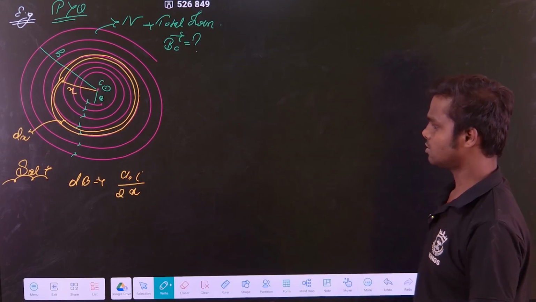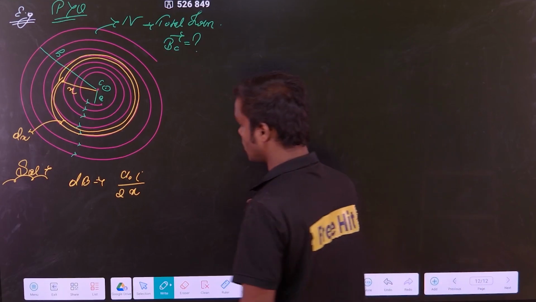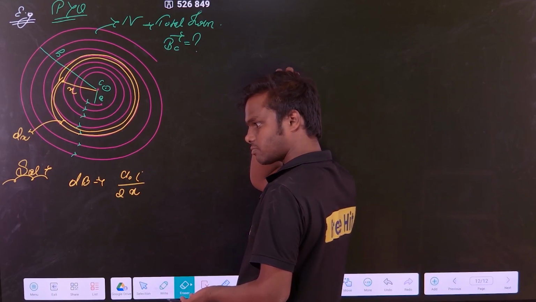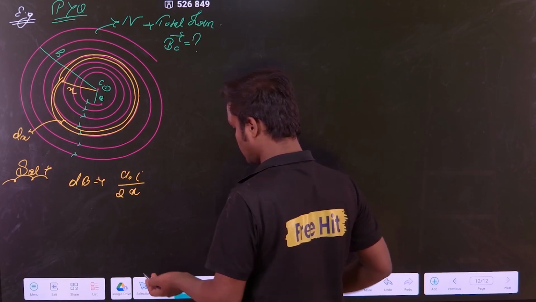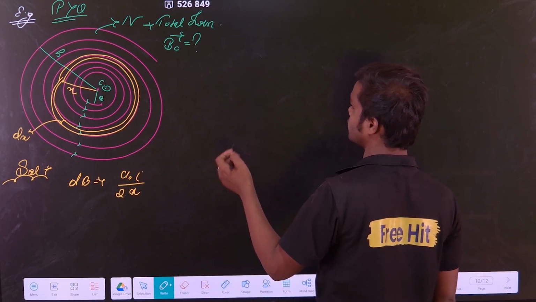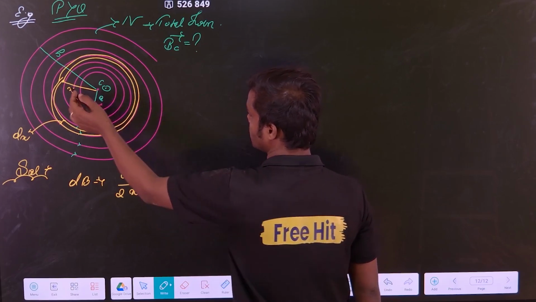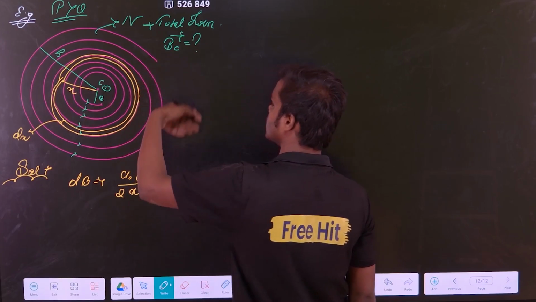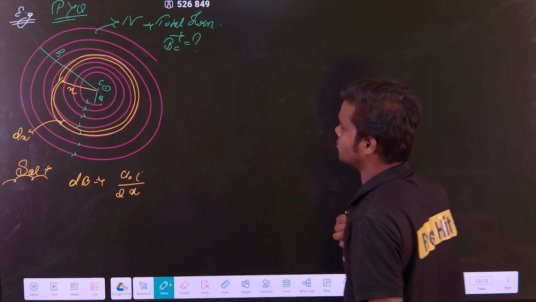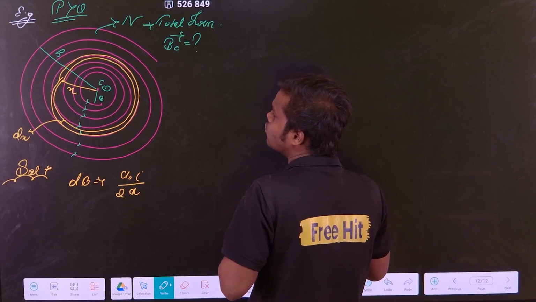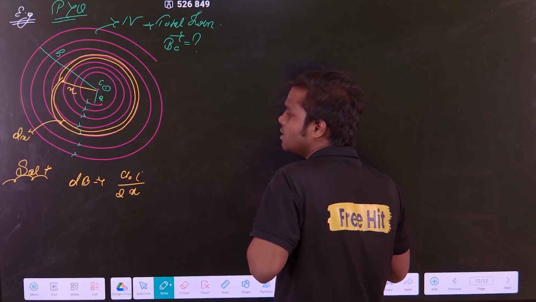Let me try to explain. The total current is I here, that is given, and that is the total current in n turns.